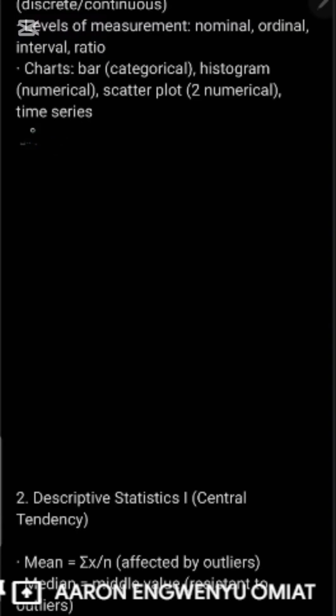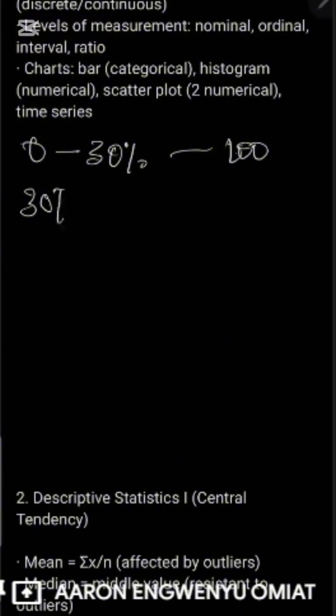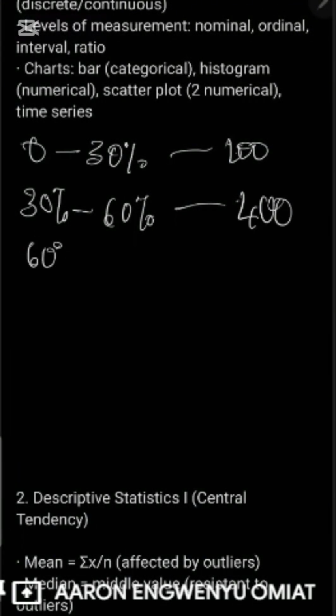If we are to categorize, let's say 0 to 30% voter turnout, we had, say, 100 polling stations; 30% to 60%, we had maybe 400 polling stations; then 60% to 100%, we had, let's say, 50 polling stations.